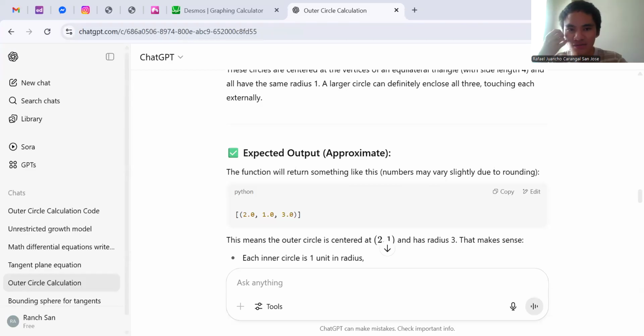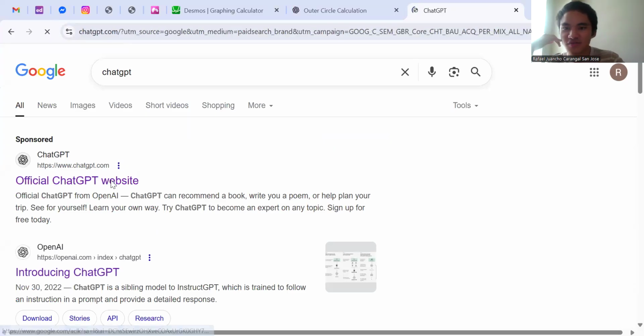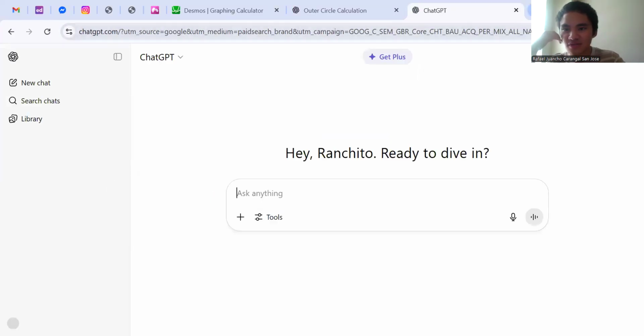Here I have this one. Okay, let me go here because I did write some code for this. Yeah, I should have just used that. Oh no, GPT.